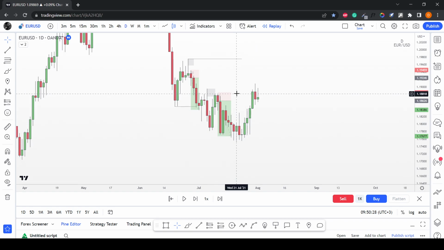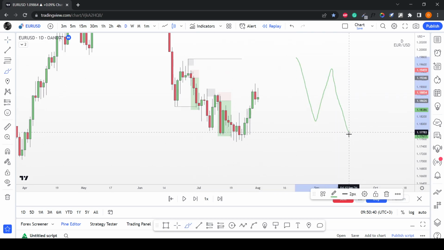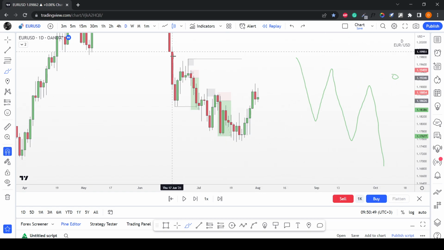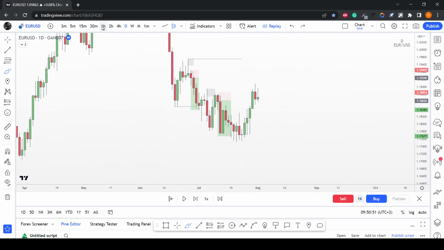Yes, this is the protected high, which is technically breaking, but because we are still inside these two impulses, so what we have here is this and this, and right now we are here, so we are breaking this, but we are mitigating something here. So still okay to go with good confirmation on 1 hour.